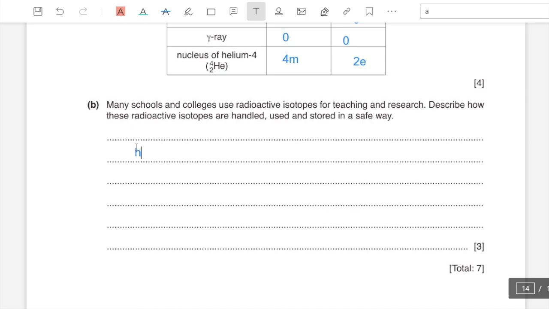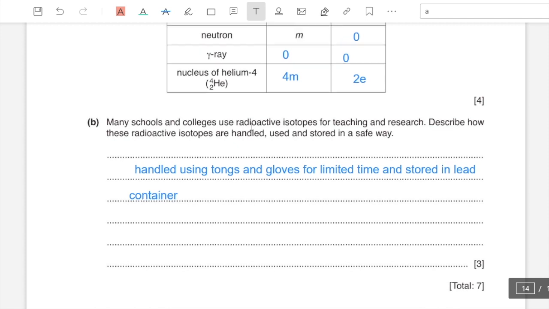Right, so they are handled using tongs and gloves for limited times, and stored in lead containers, since lead is not penetrable by most of the radioactive isotopes.